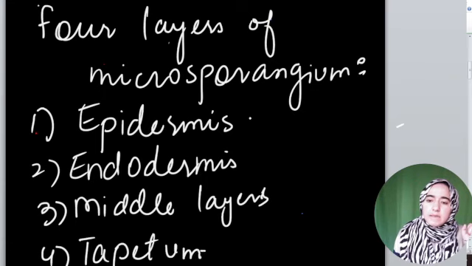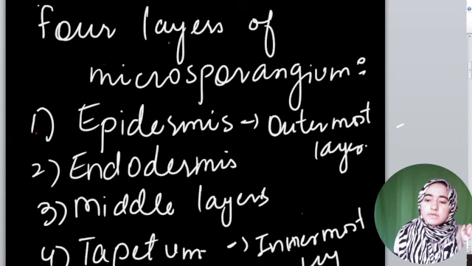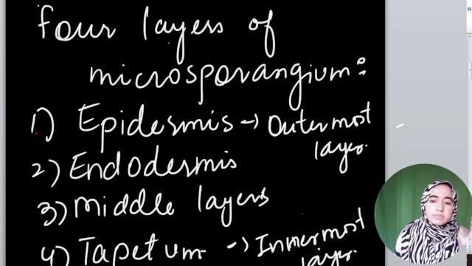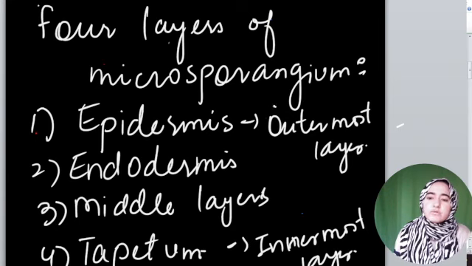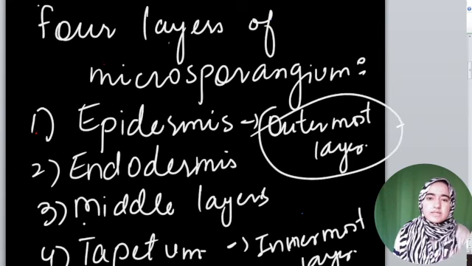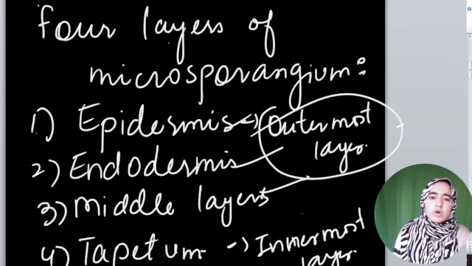Epidermis is the outermost layer, and tapetum is the innermost layer. What's the function of the innermost layer, the tapetum? It provides nourishment to the growing pollen grains. And what's the function of the epidermis, the outermost layer? Its function is just protection. The middle layers, endodermis and epidermis just provide protection.